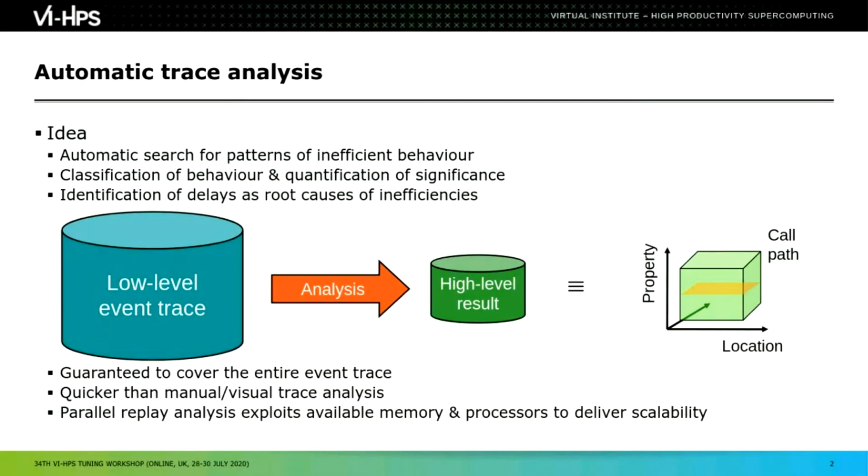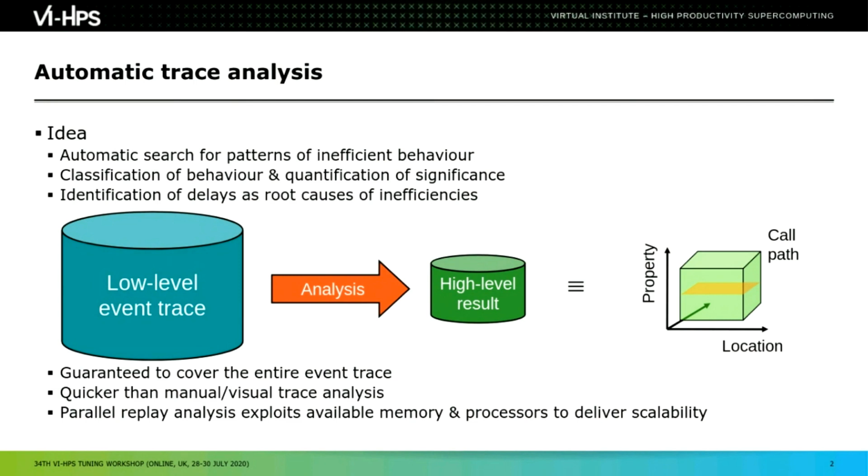So the picture that you're seeing here is an attempt to show how, after collecting very large amounts of event trace data, and this can be many gigabytes, many terabytes in size, especially if we're dealing with very large numbers of processes and threads, we can then distill this down in an automated analysis into something which is much more compact, easier to review, and very similar to the profiles that we just saw this morning in this three-dimensional space, where we still have information about each of the execution call paths, which processes and threads they were executed on, but we can augment the property dimension by adding additional metrics which can give us more insight into these sorts of inefficiencies.